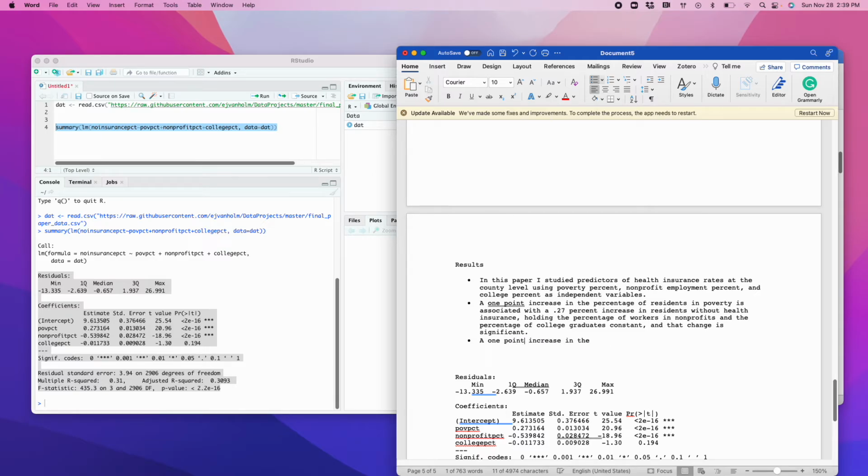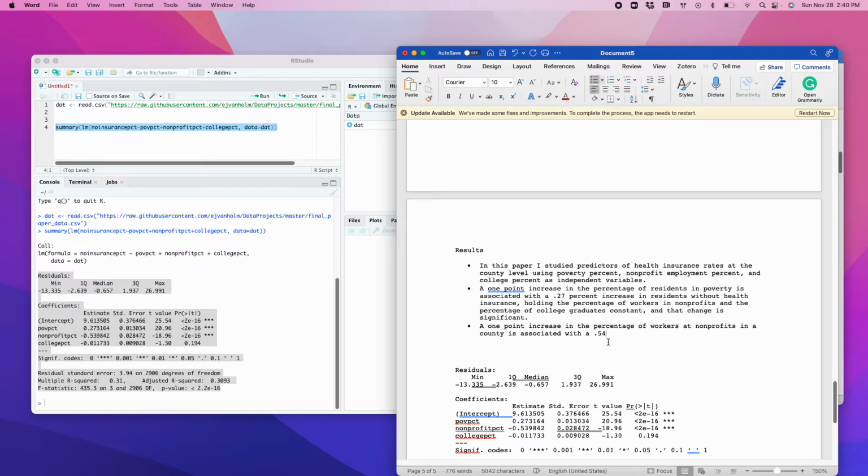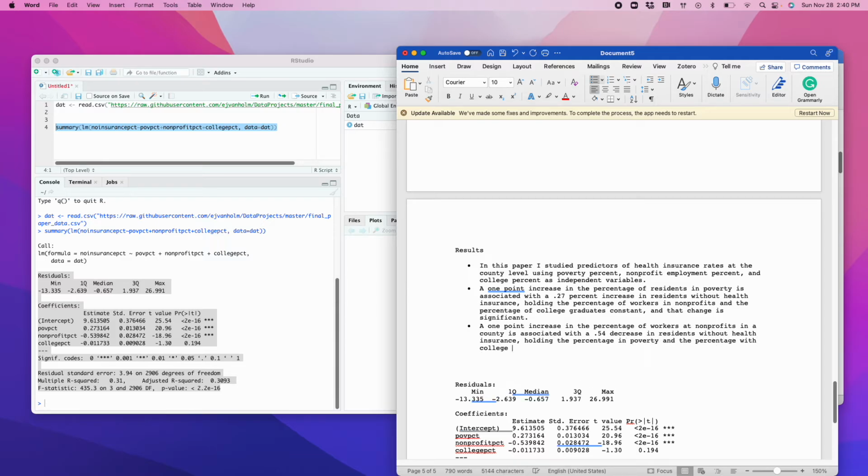So I'll say a 1 point increase in the percentage of workers at nonprofits in a county is associated with a 0.54 decrease in residents without health insurance, and that is holding the percentage in poverty and the percentage with college degrees constant.